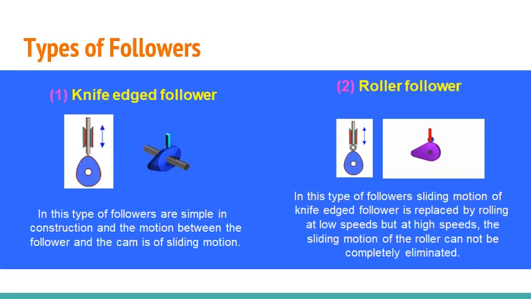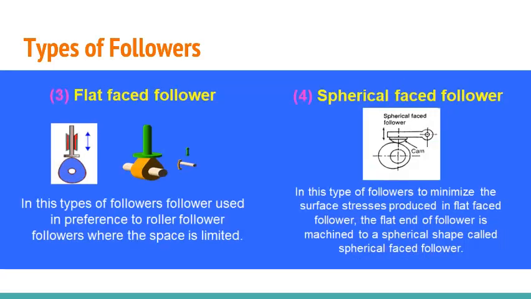So at high speeds, the sliding motion doesn't have the exact accuracy. The roller can work at any conditions. So the sliding motion is taken out and completely eliminated.